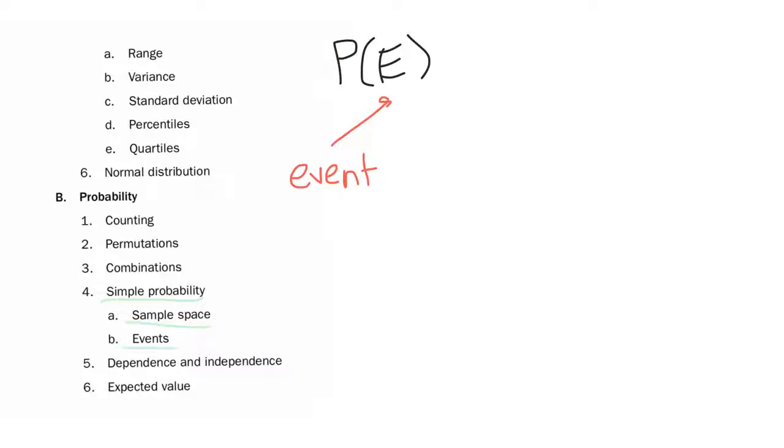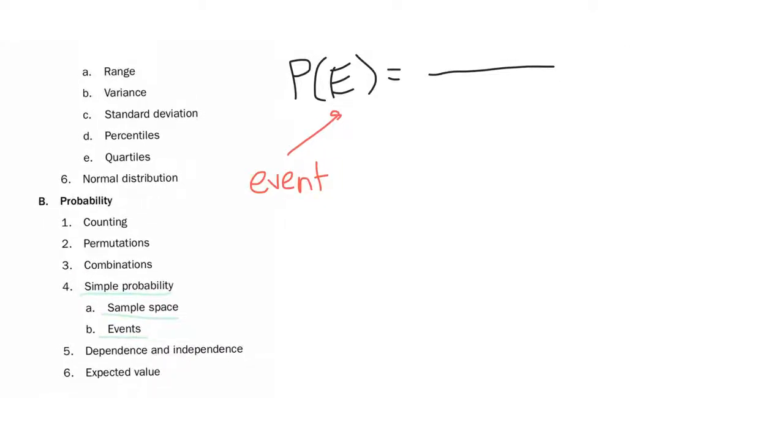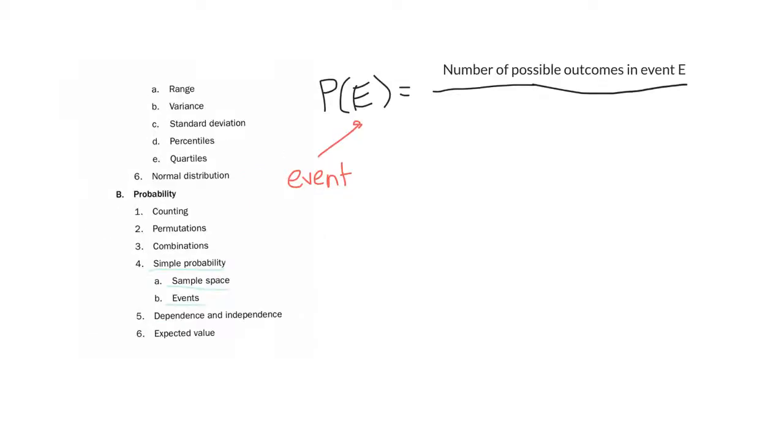And typically, that's always really going to be a matter of the number of possible outcomes in event E, all over the total number of possible outcomes. Okay, so once again, number of possible outcomes in event E over total number of possible outcomes.